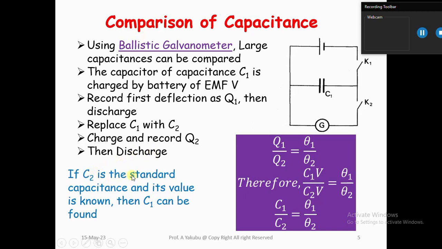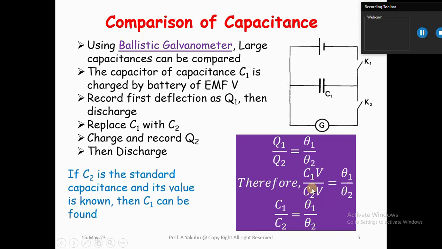So if C2 is the standard capacitance and its value is known, then C1 can be calculated. How? We know already that the ratio of the charges is Q1 over Q2.